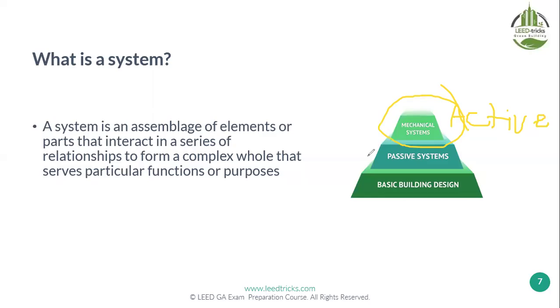So passive systems are the static systems in your buildings, while active, mechanical or electromechanical systems are the active systems. So this definition is important to define what a system is.